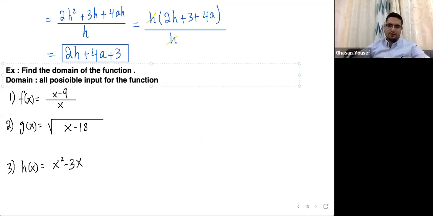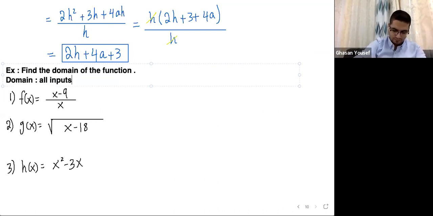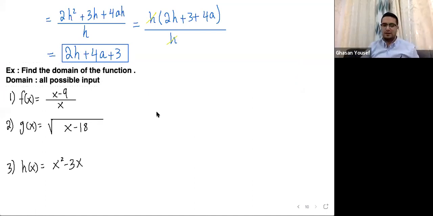Or I can define it in a different way: all inputs, or the set of all possible inputs for the function. Or it is a set of values that make the function defined. So let's check this function first.